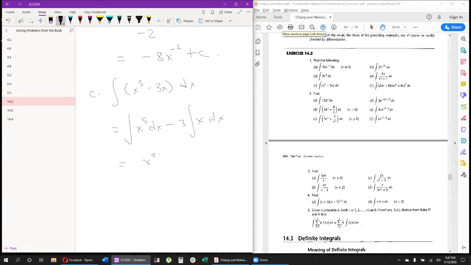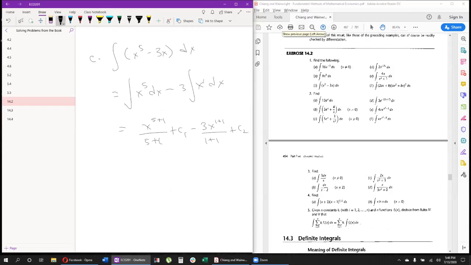For x to the power 5, we add 1 and divide with the power, plus c1. For minus 3, we have x to the power 1, so plus 1, we divide with the power, plus c2. We end up with x to the power 6 divided by 6 minus 3x squared divided by 2. And remember, these two constants you can just lump together and call it c.